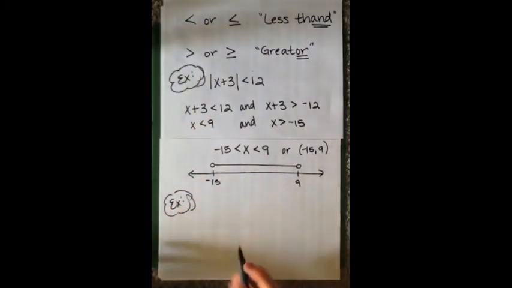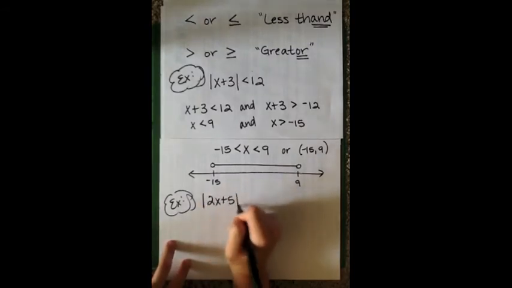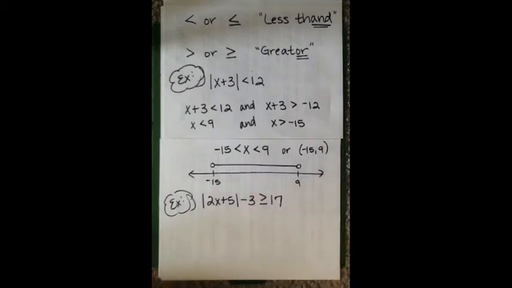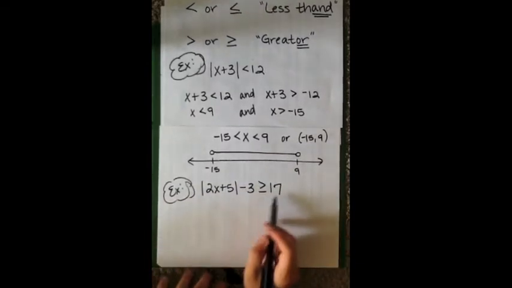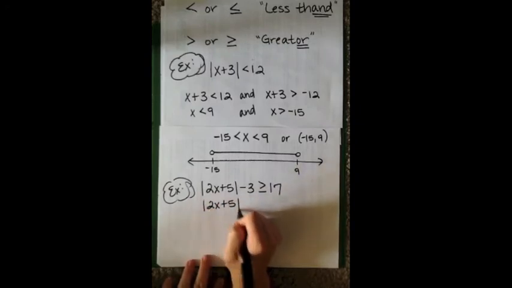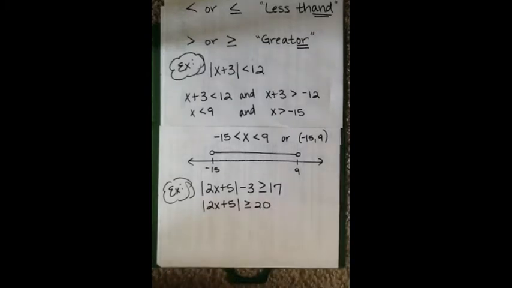Let's do absolute value of 2x plus 5 minus 3 is greater than or equal to 17. Just like with absolute value equations, we have to get the absolute value all by itself. So I want to add 3 to each side. So it's greater than or equal to 20.